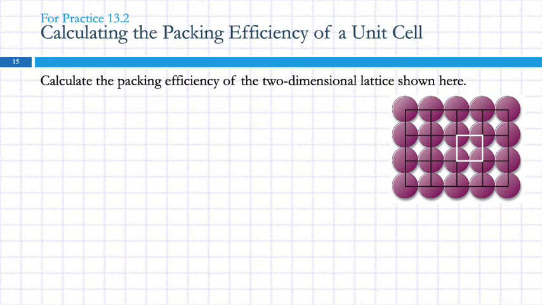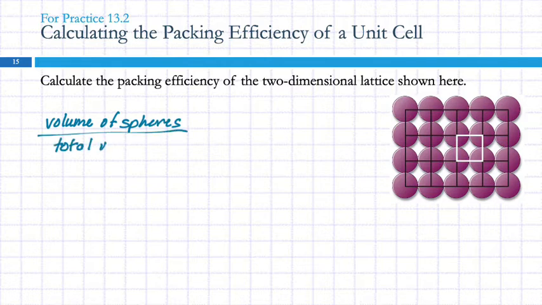Packing efficiency can be calculated. Here we're going to look at a two-dimensional lattice because it's easier to think about. It says calculate the packing efficiency. So here's our unit cell. Packing efficiency is going to be the volume of the spheres divided by total volume of unit cell times 100.